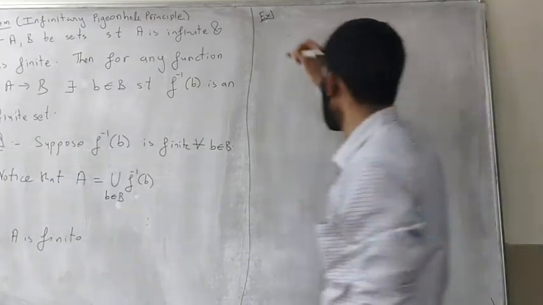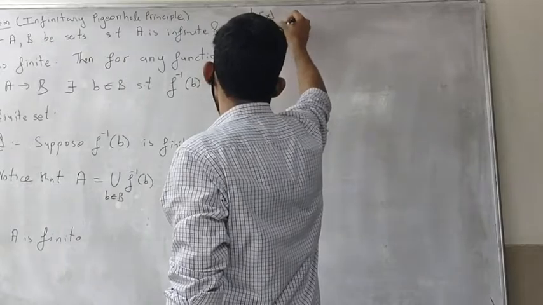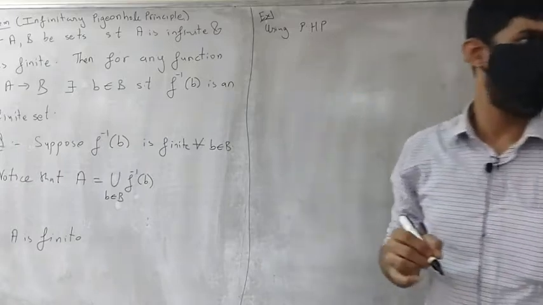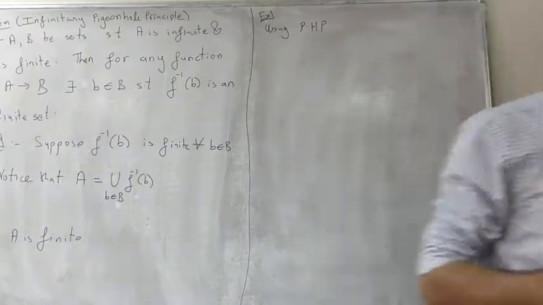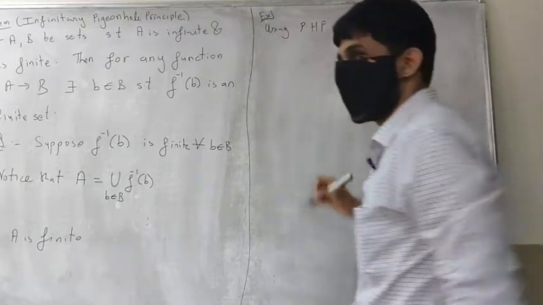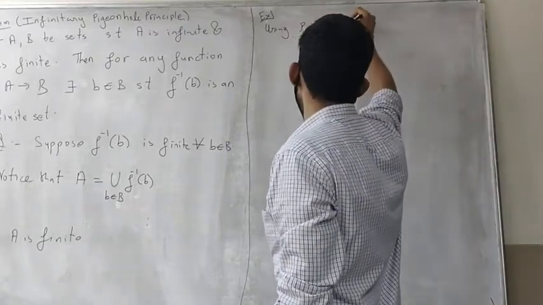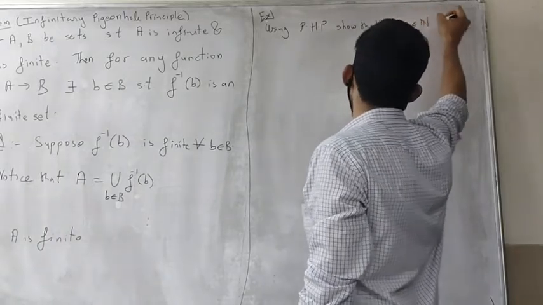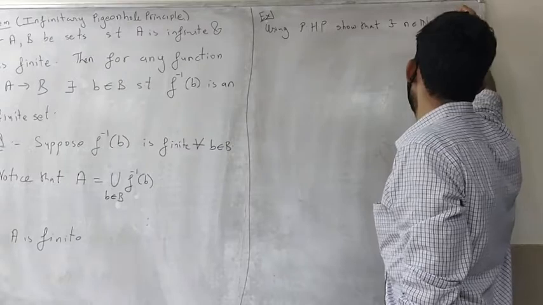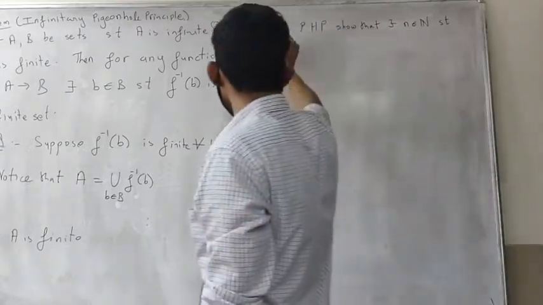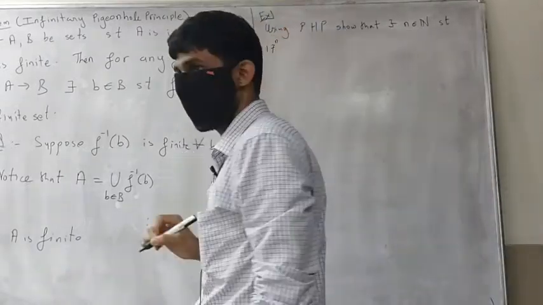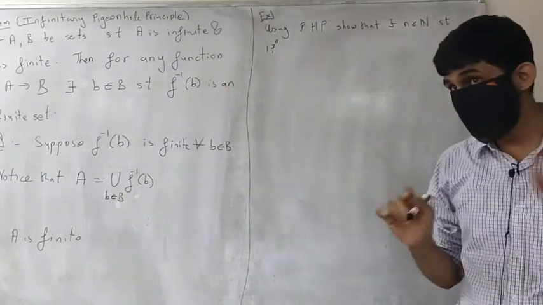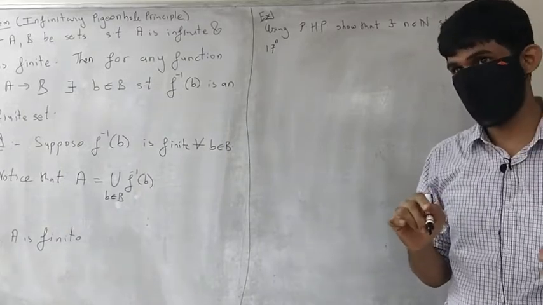So using the pigeonhole principle, and let's see to what extent we can generalize this result. Okay, using the pigeonhole principle, show that there exists some n in N such that, if you look at 17 raised to n, it should end with 0, 0, 0, 1.